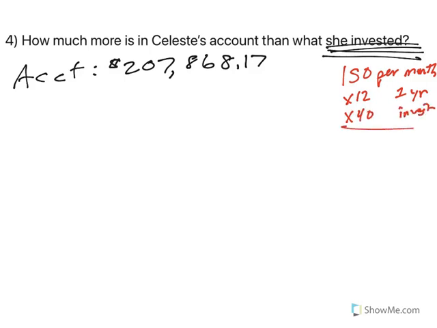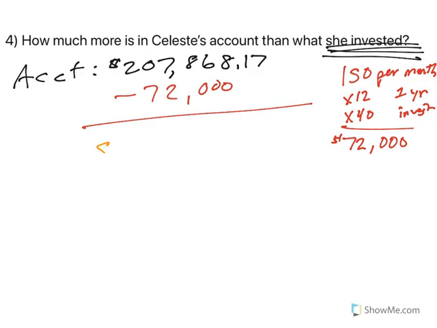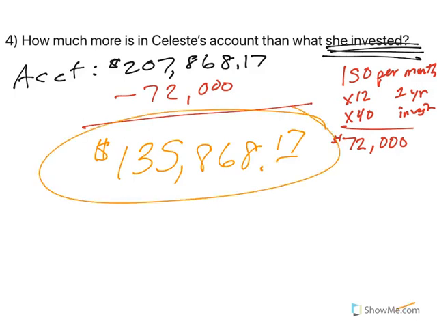So 150 times 12 times 40 is 72,000. So over 40 years, Celeste invested $72,000. So the difference, if we subtract 72,000, we get a difference of $135,868.17.